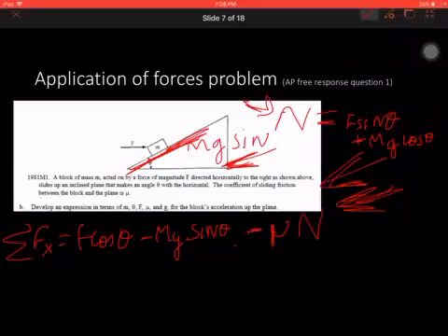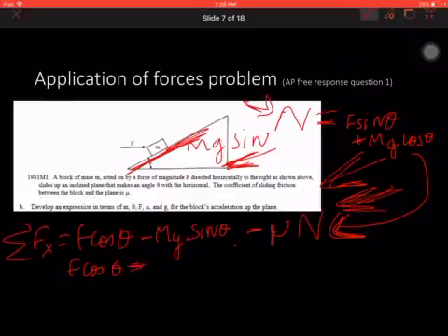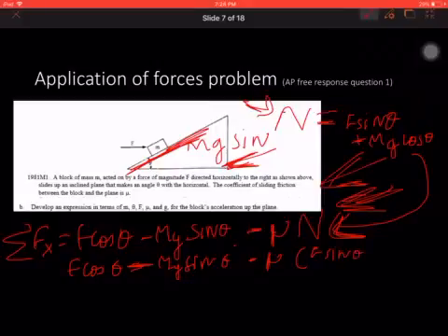So we substitute that in for N over here, and we get F cosine theta minus mg sine theta minus mu times F sine theta plus mg cosine theta. All of that will equal ma.